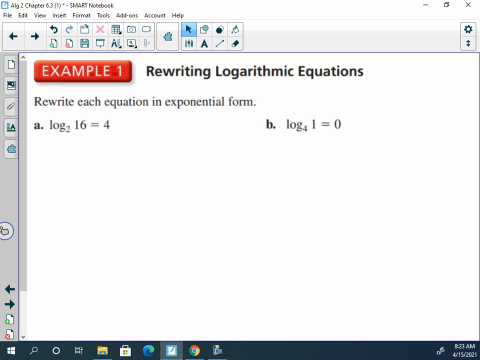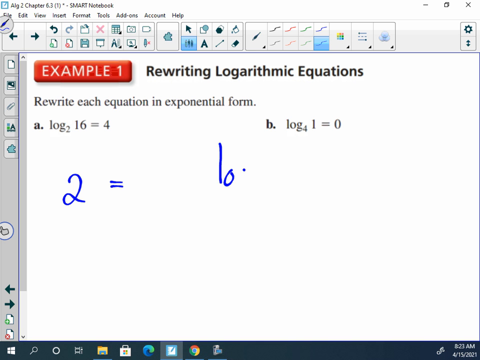So the first one we have is log base 2 of 16 is equal to 4. So if I want to rewrite this as exponential, our base is 2. Log base b of y equals x gets rewritten as b to the x is equal to y.